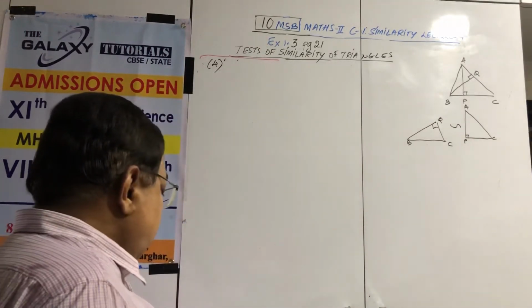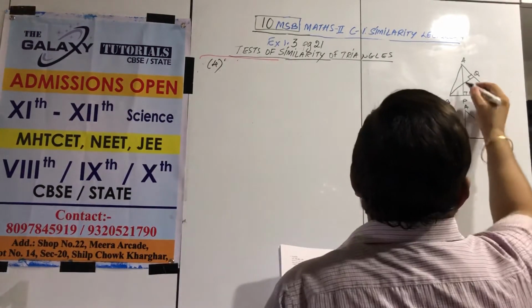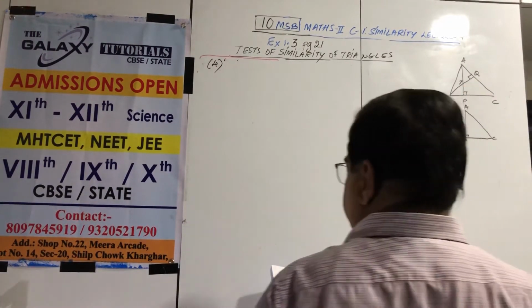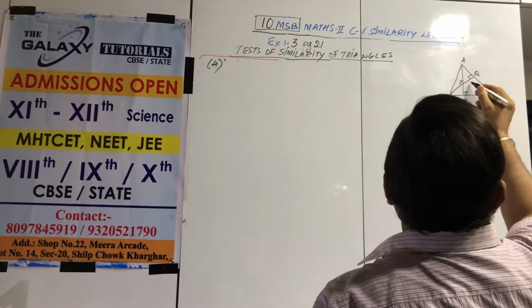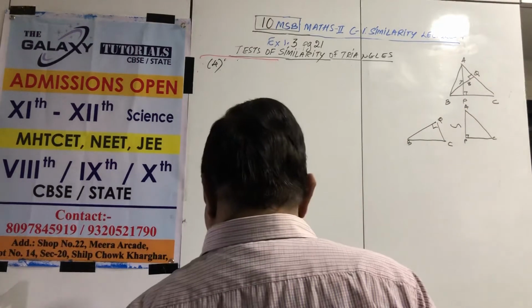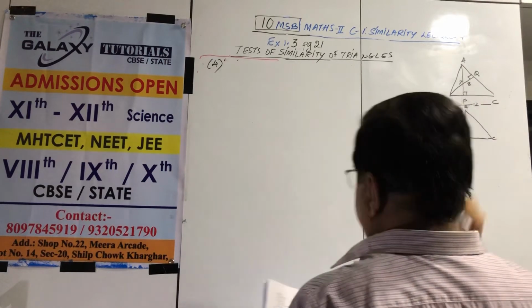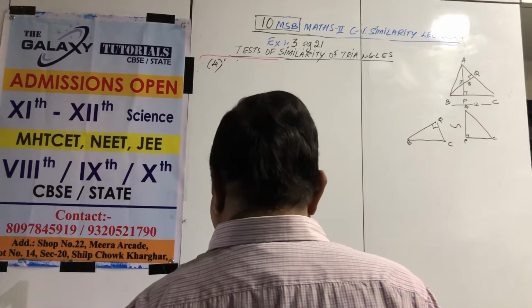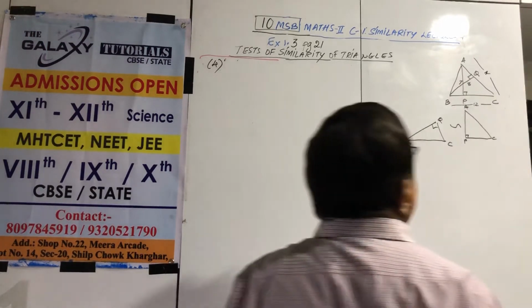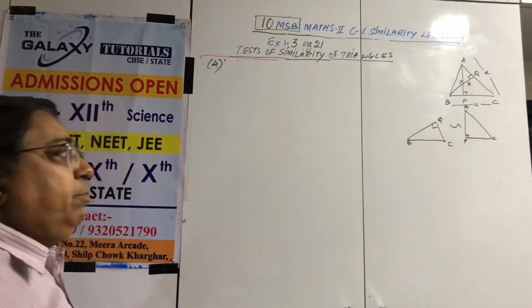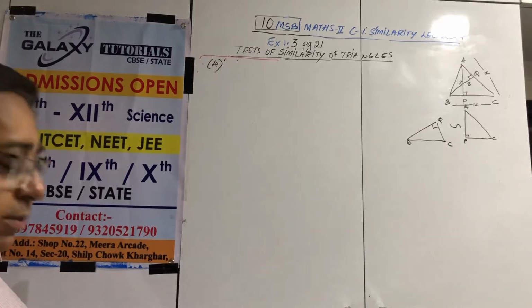And given the measurements, AP is 7, BQ is 8, BC is 12. I am supposed to find AC. How much is AC? After that, second step. First I must prove these two triangles similar. Then I must find the measurement of AC, that is X.